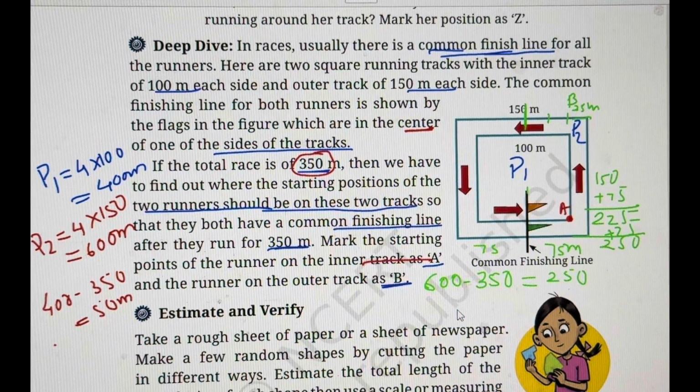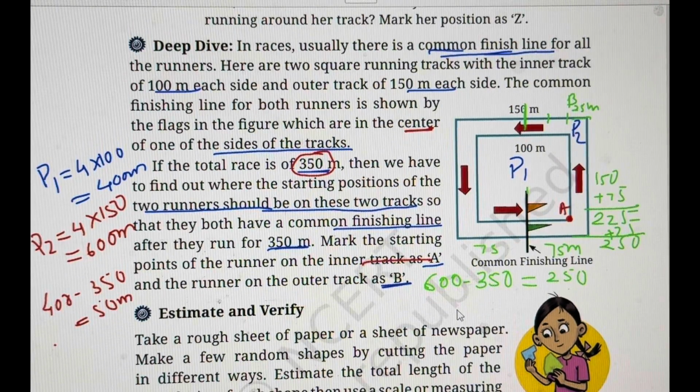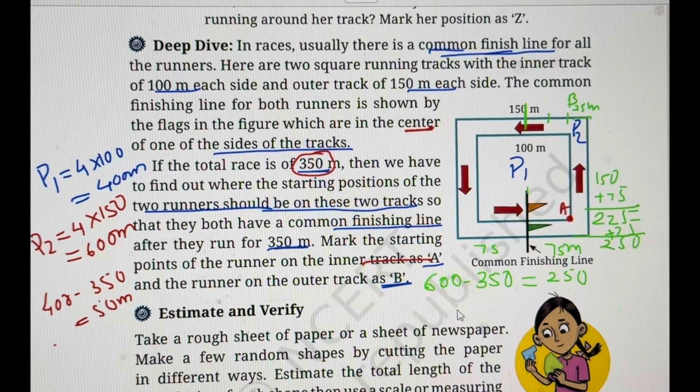Though we know that the starting positions are different in the 4-track races, the relay races, or 400-meter races, depending on the ground size, we always feel that the one who is getting the shorter circle will finish faster. But when you do it yourself, you will understand that it's not so, right? So we'll now continue with this video with the next topic, that is estimate and verify.